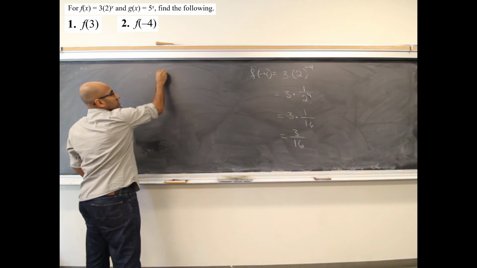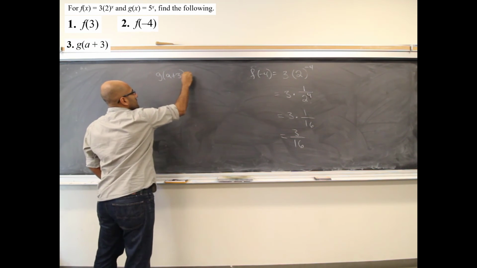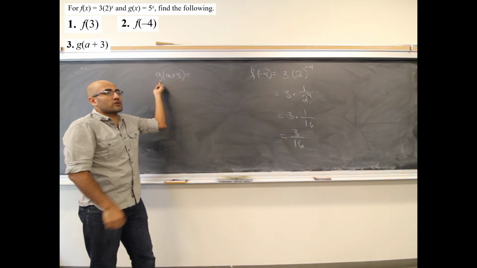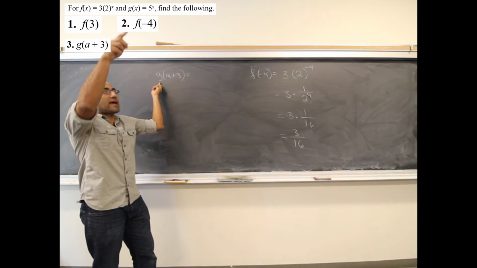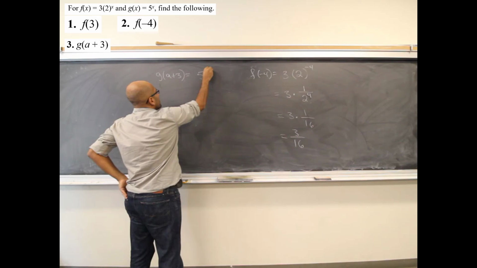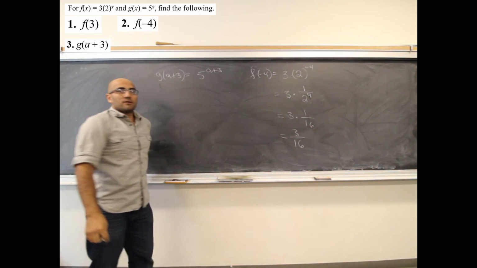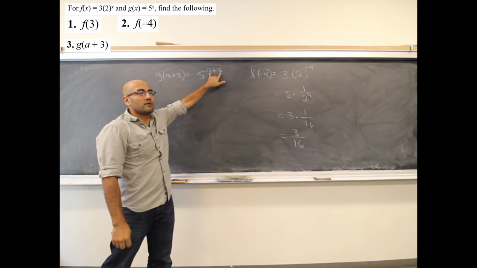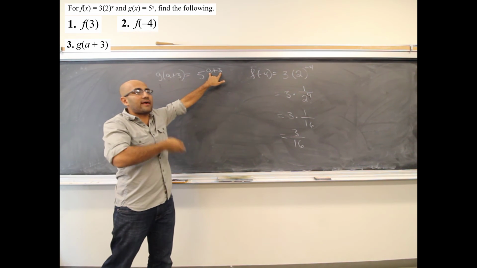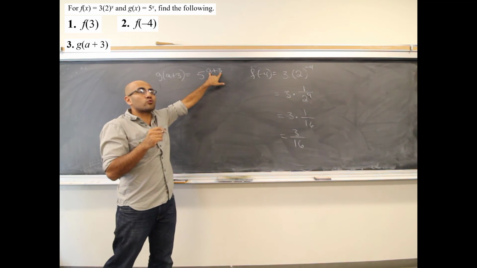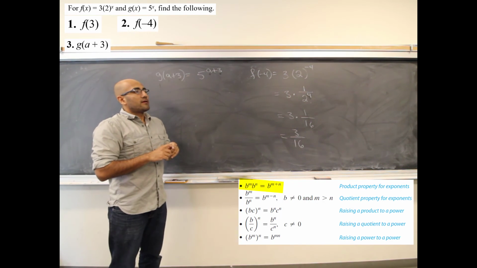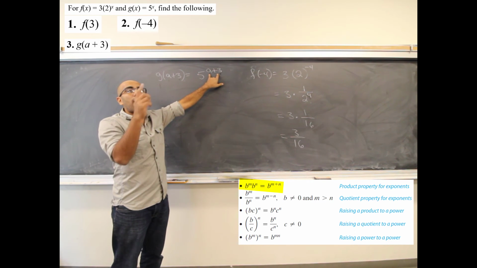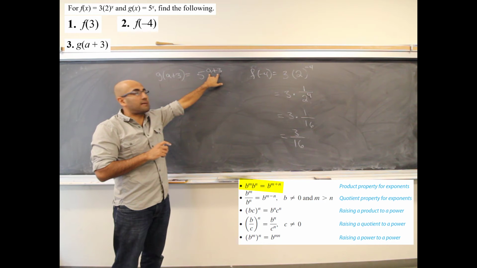What is g of a plus 3 equal to? So now we got to go over to the g instructions. The g function is 5 to the x power, which is 5 to the a plus 3. Right? So the independent variable is replaced by that guy right there. That's what goes up there. And now we want to simplify that a little bit. If you remember our rules, look at that first rule up there. If there is an addition up in the exponent, that's equivalent to a multiplication of 2 exponential numbers with the same base.